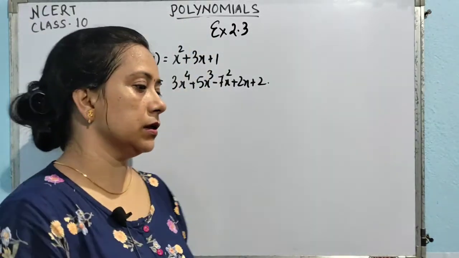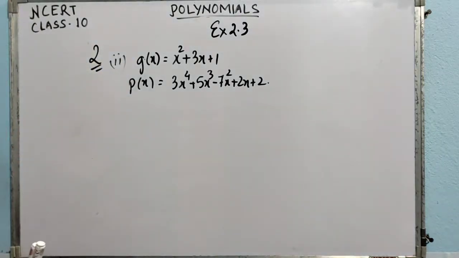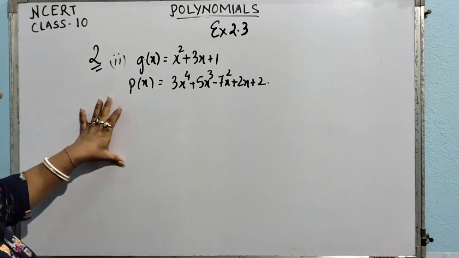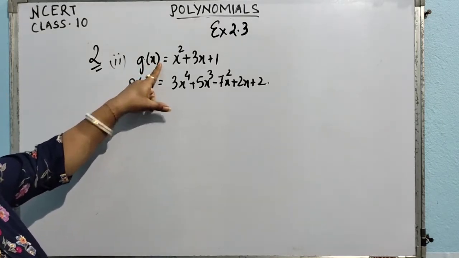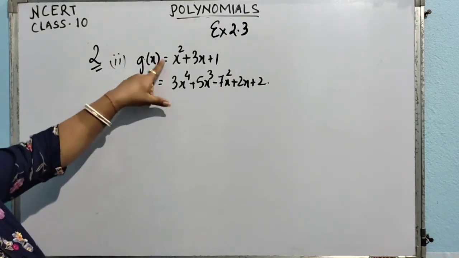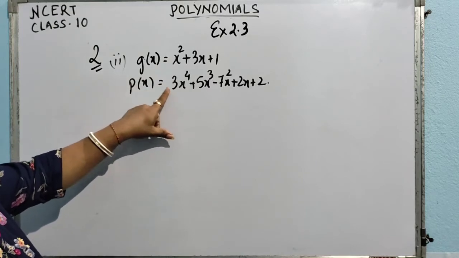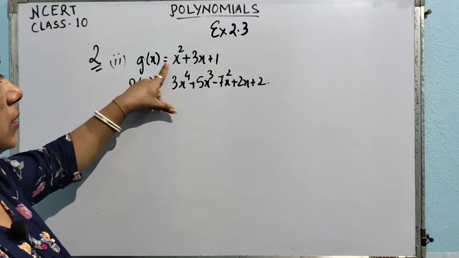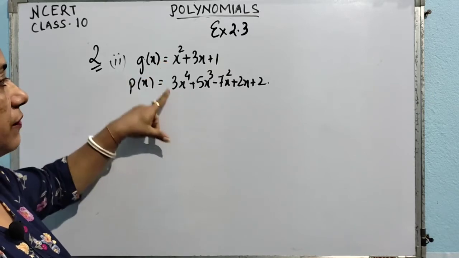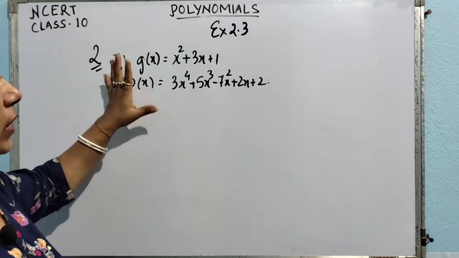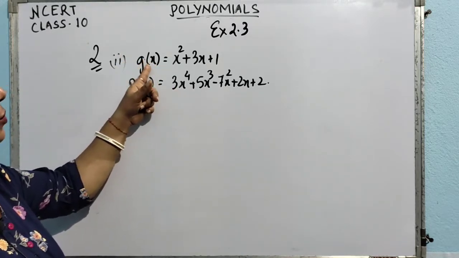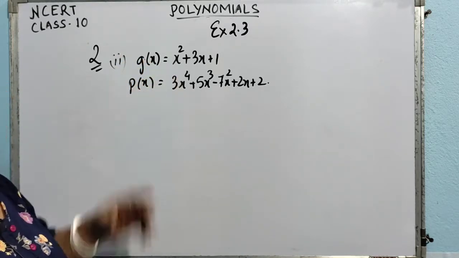Here is the second question, and I have taken the second part of that question. So the question is, the two polynomials are given. This is the first one and this is the second one, and we have to find out whether the first polynomial is a factor of the second or not. So for convenience, we have considered the first polynomial to be g of x and the second one to be p of x.